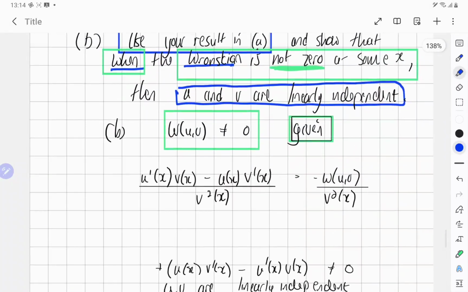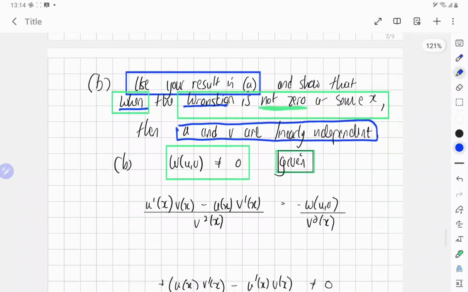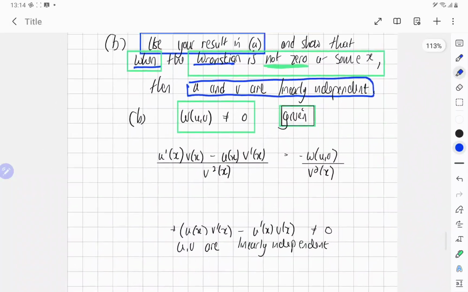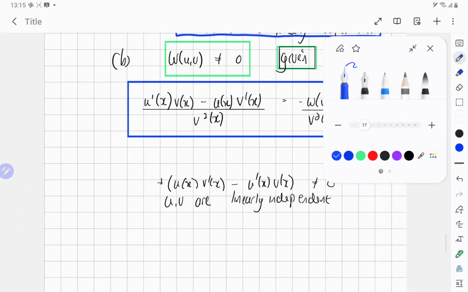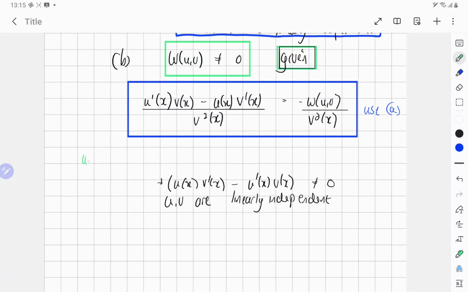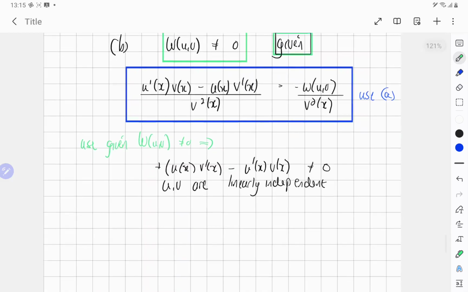But we need to use our results in A. That's why I've rewritten my result in A. Use A, because they said use A. Now what am I going to use? I'm going to use the given part, that the Wronskian is not zero.